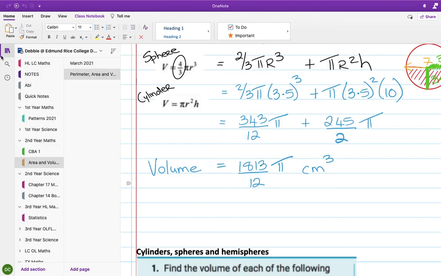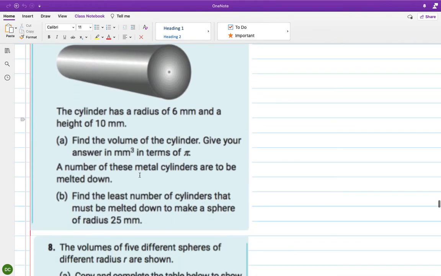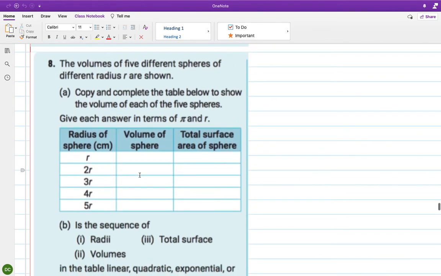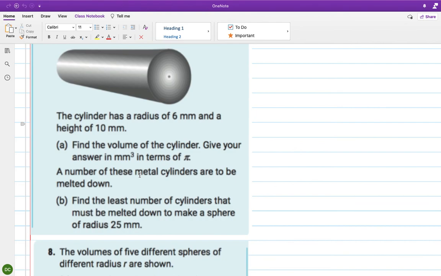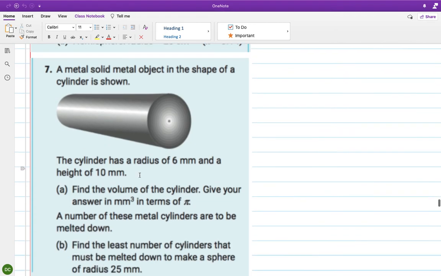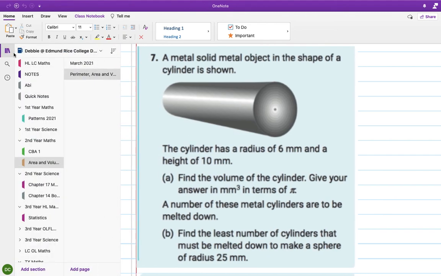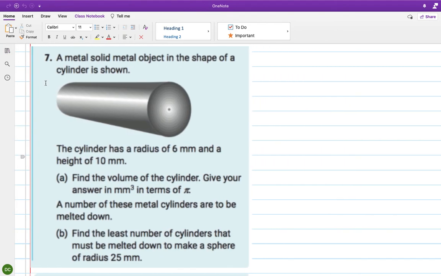So your homework. I saw some really nice ones. Okay, so we're going to go with number 7. It's just not syncing for some reason.